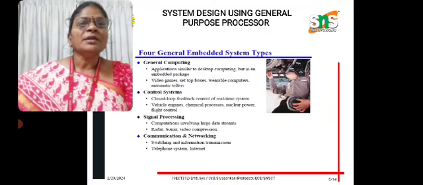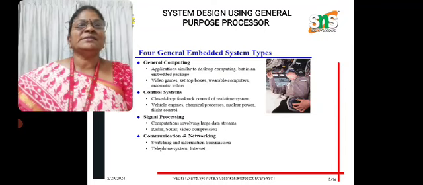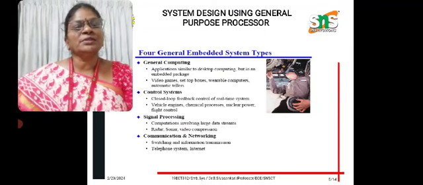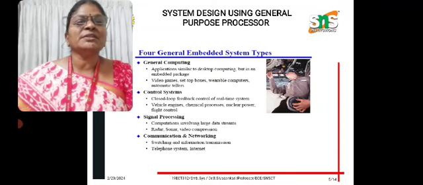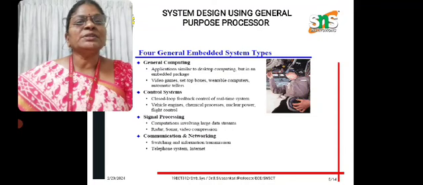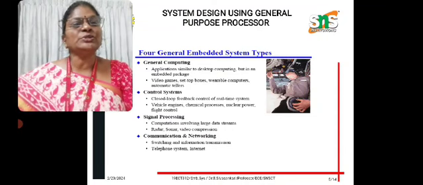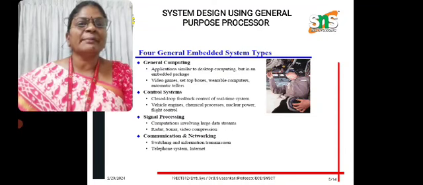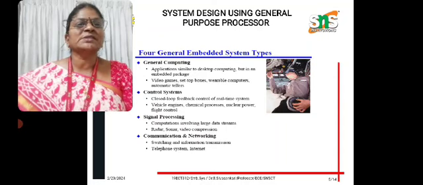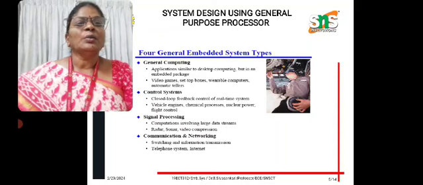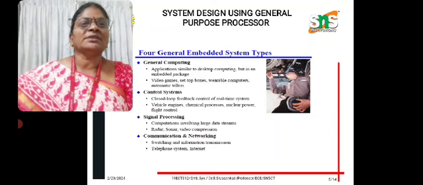Okay. So here the four general embedded systems types are general computing, control system, signal processing, and communication and networking. General computing is nothing but the application similar to desktop computing but in an embedded package. Example, video games, set-top boxes, wearable computers, and automatic tellers.